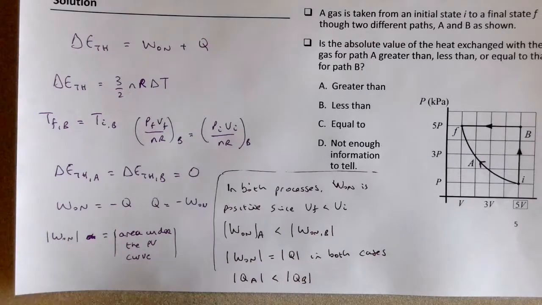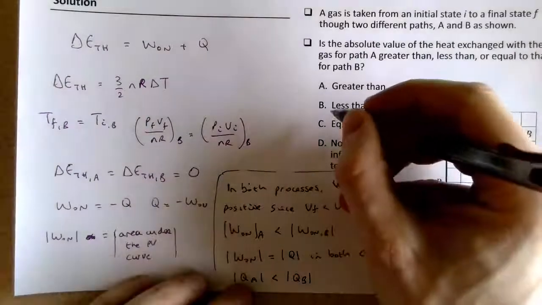It's also negative in B, but comparing the absolute values, there's a smaller amount of heat released, or removed from the gas, in process A than the amount of heat released or removed in process B. So the correct answer should be less than.